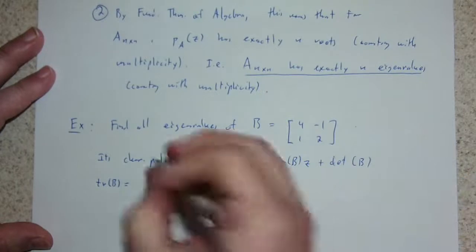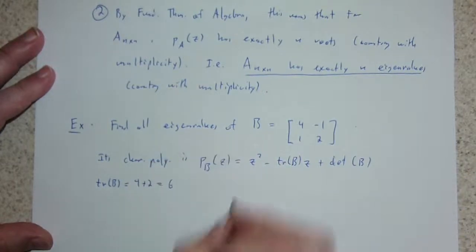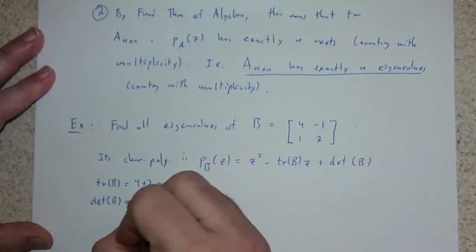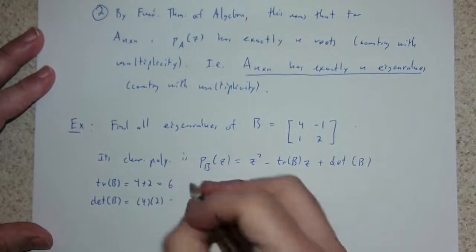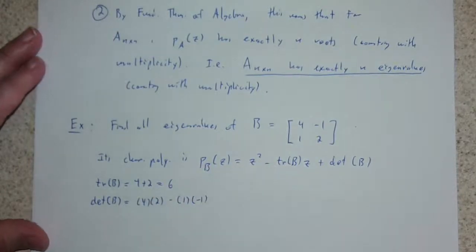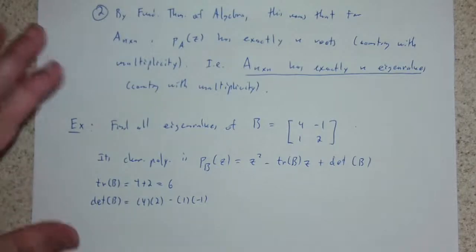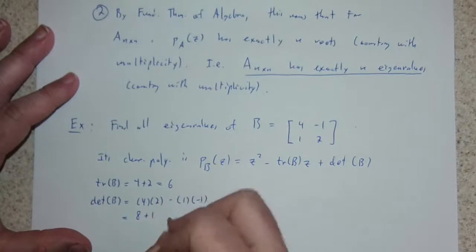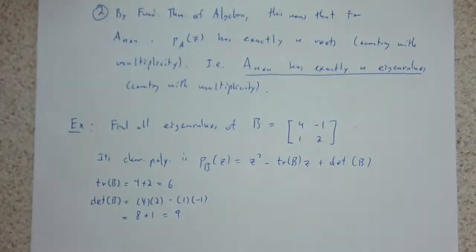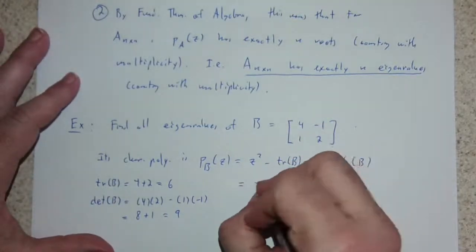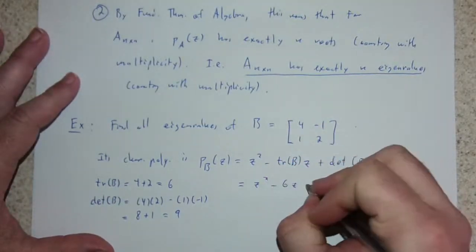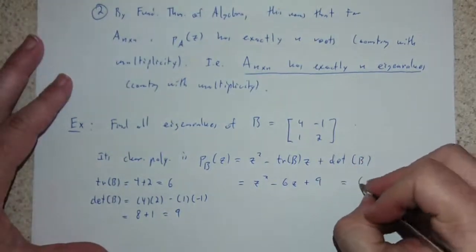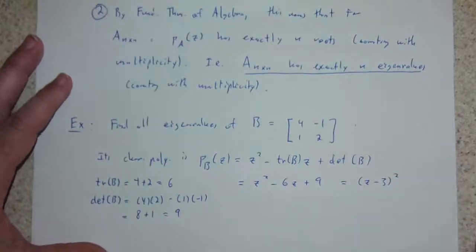Trace of B is 4 plus 2, which is 6. And the determinant of B is 4 times 2 minus 1 times minus 1. So this is 8 minus minus 1, so that's plus 1, so this is 9. And so this becomes z squared minus 6z plus 9, which of course factors as z minus 3 squared.